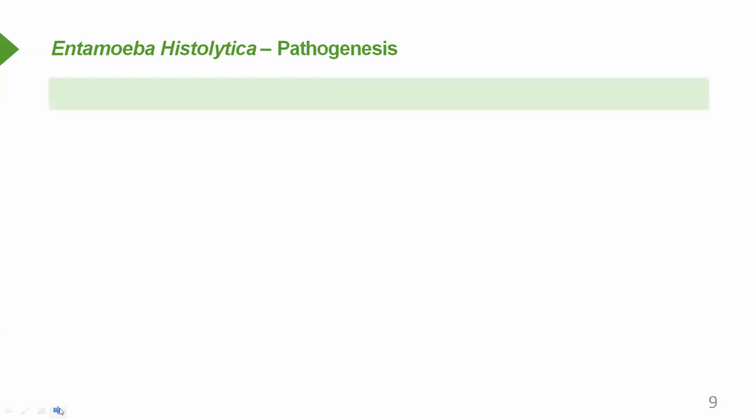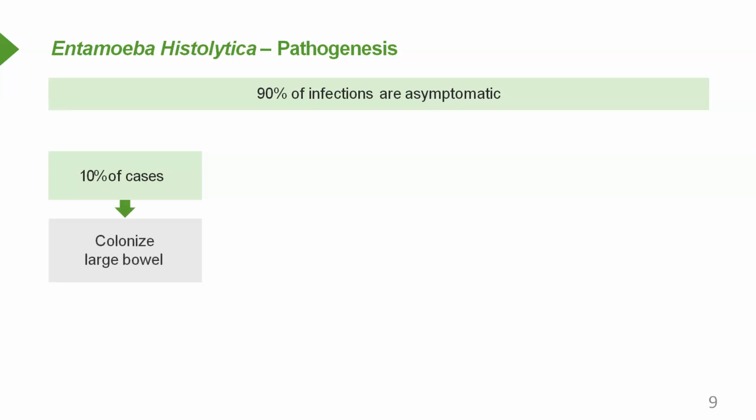Now coming to the pathogenesis of Entamoeba histolytica. 90% of infections are asymptomatic. They don't develop any symptoms at all because of their immune system. Sometimes, in the 10% of cases where they become symptomatic, we can see colonization of the parasite in the large bowel, that is, in the large intestine.